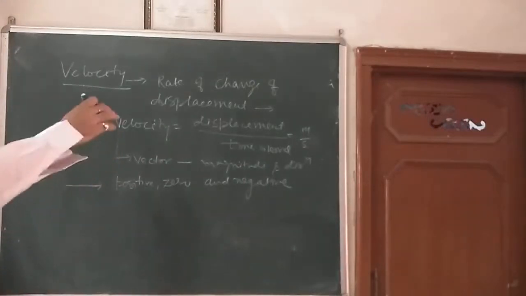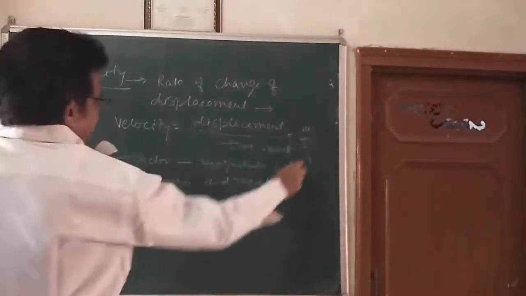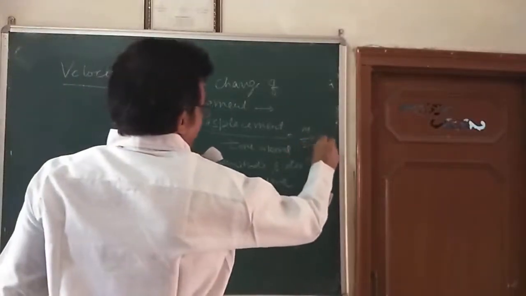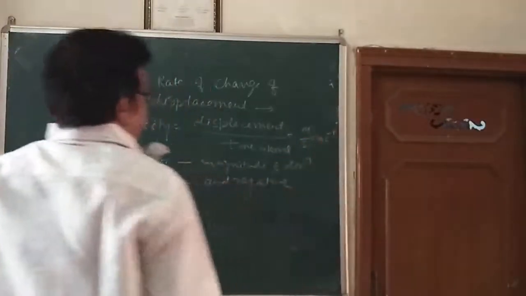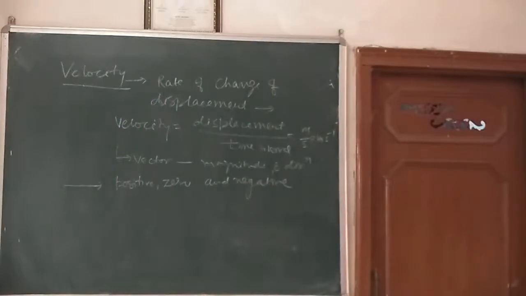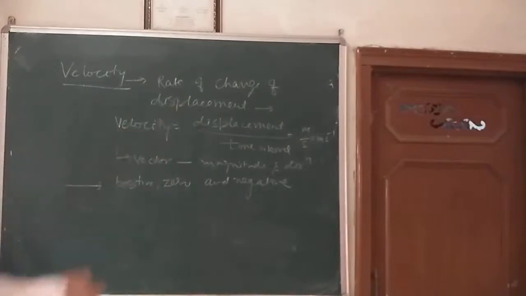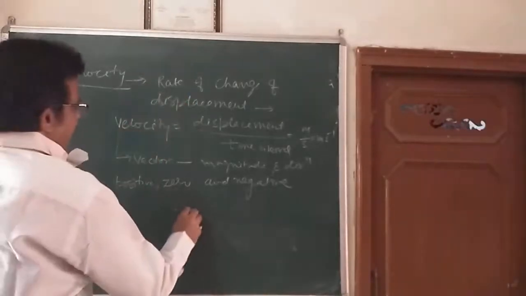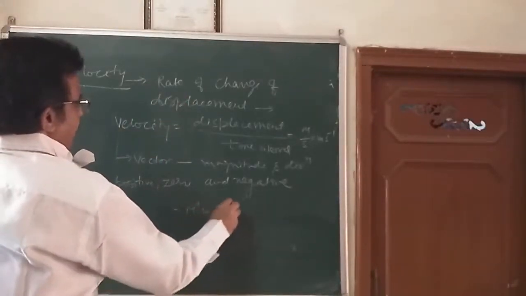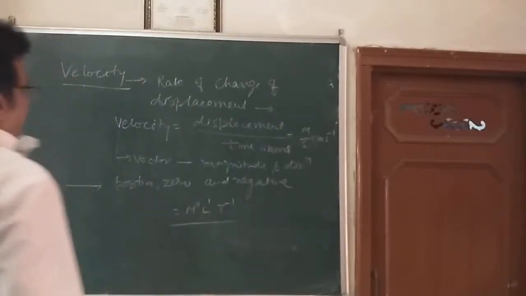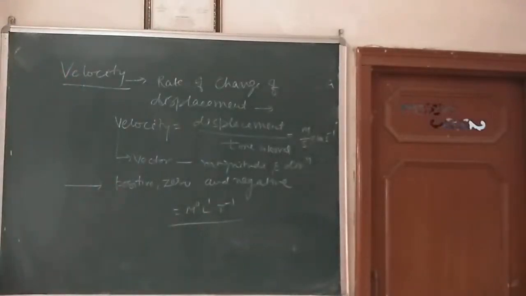The unit of velocity is meter per second, or m s minus 1, in the MKS system. The dimensional formula for velocity is M naught L T minus 1.